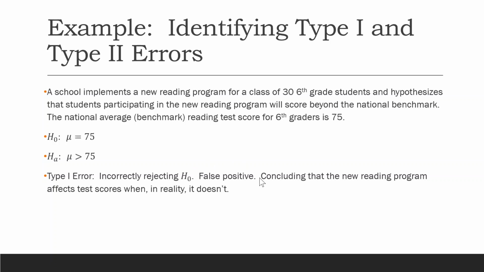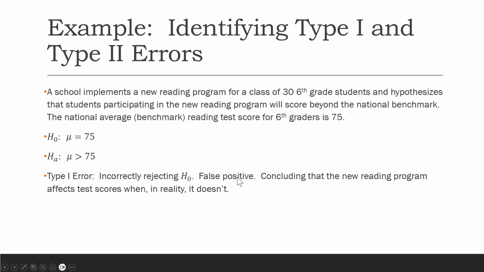And so in hypothesis testing, rejecting a hypothesis is akin to a positive result. You're detecting something in the data. But since we are incorrectly rejecting when we do a type 1 error, that's a false positive result when it comes to diagnostic testing. I just wanted to make that connection or parallel for you.